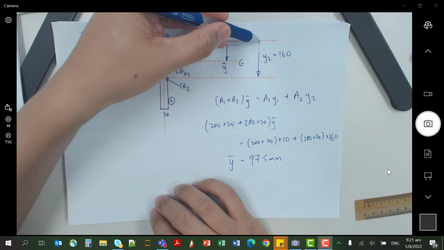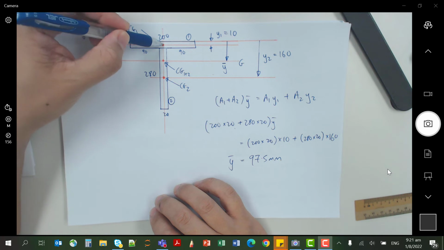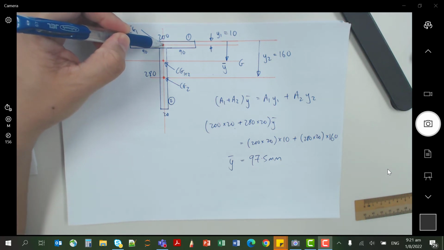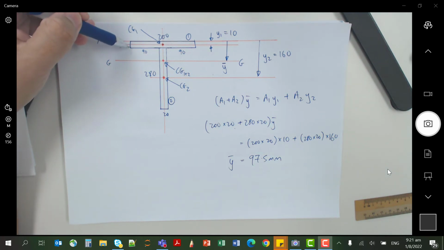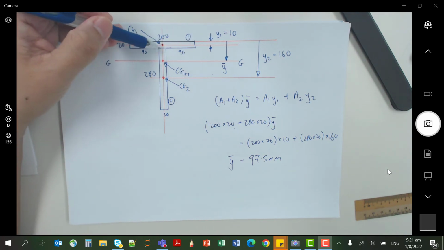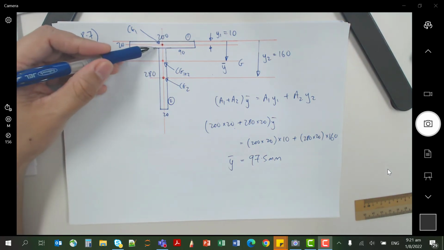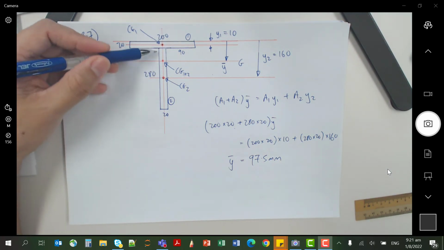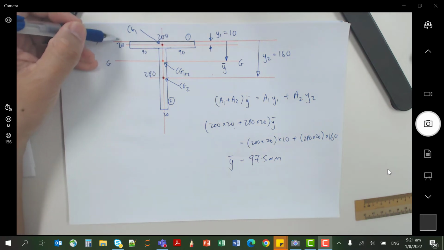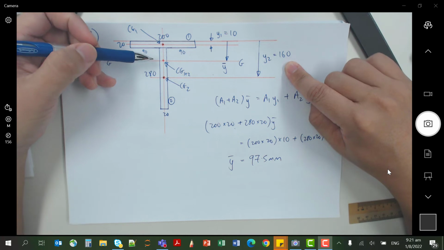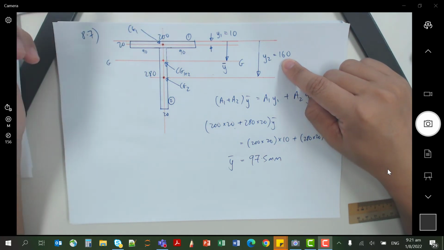I need to find the CG of rectangle 1, which is half the thickness, which is 10. The CG of rectangle 2 is here. Since rectangle 2 is 280, the middle should be 140, but then there's another 20 here, so y2 is 140 plus 20, 160.